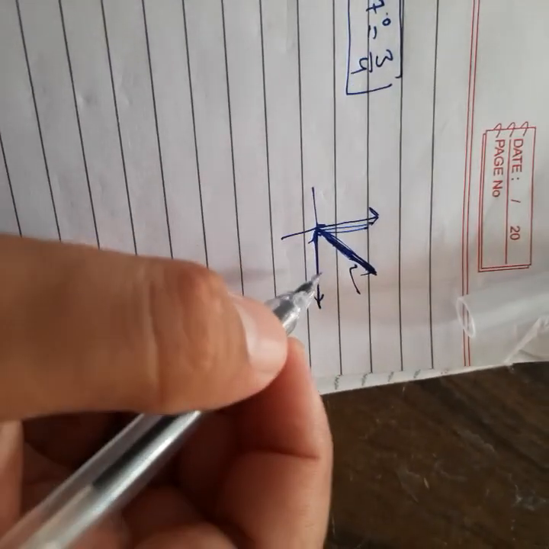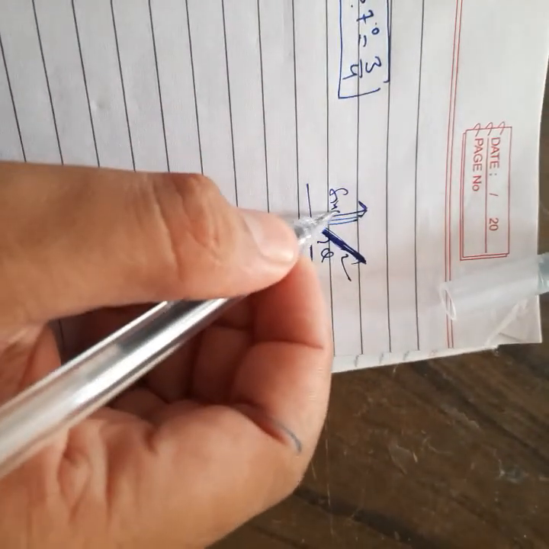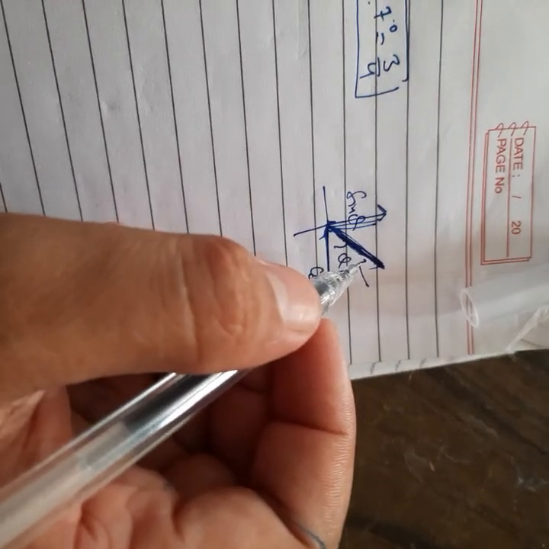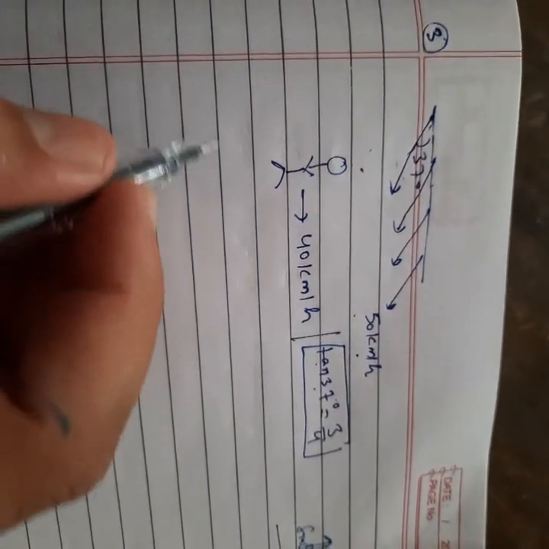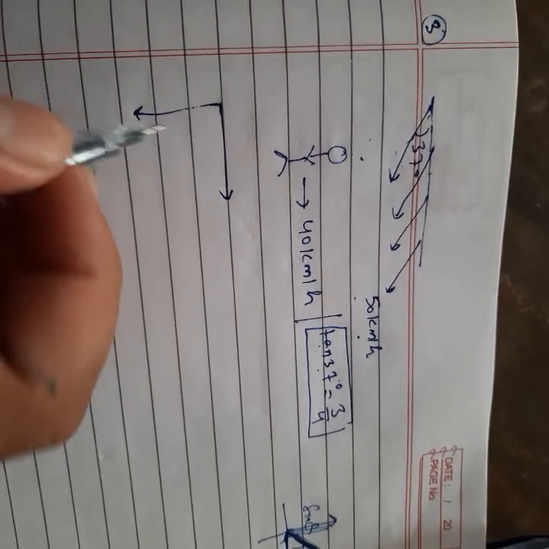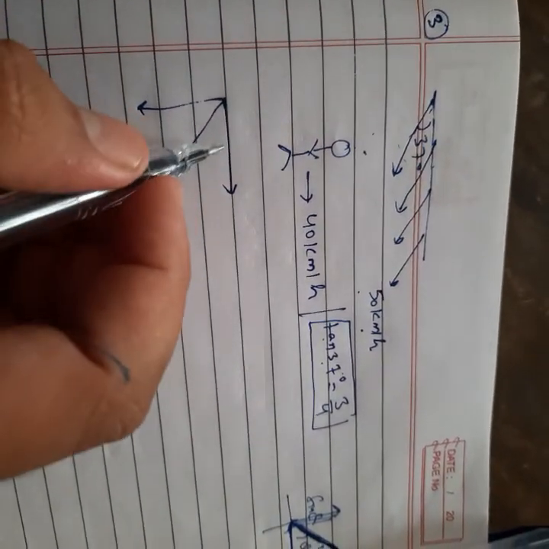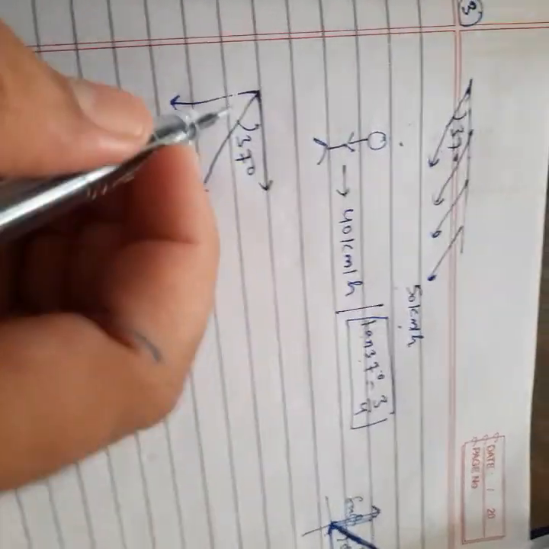When you connect this with the x-axis, we take cos theta, and upside will be sin theta. Then you will be able to solve it. Say yes or no? Yes, you can. Then see here, rain is falling like this. See here, students, solve it first. We can say this is our rain. The angle is how much there? 37 degree. So you have to connect this one with what?